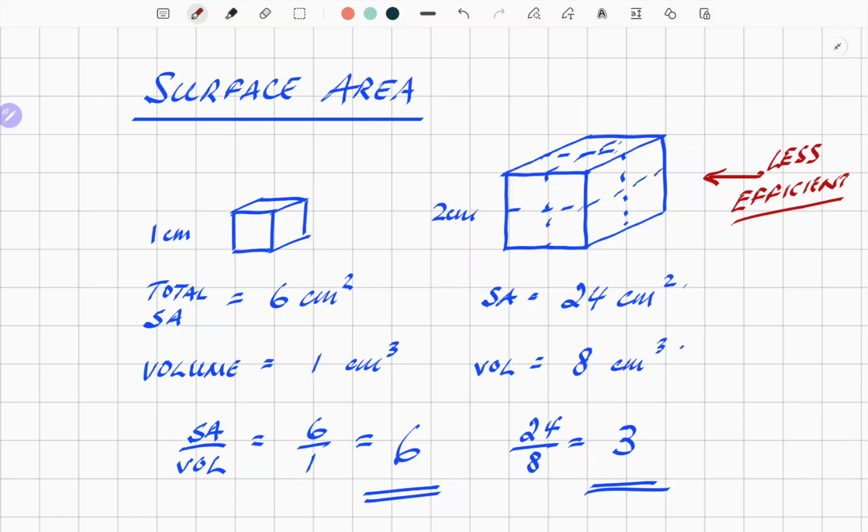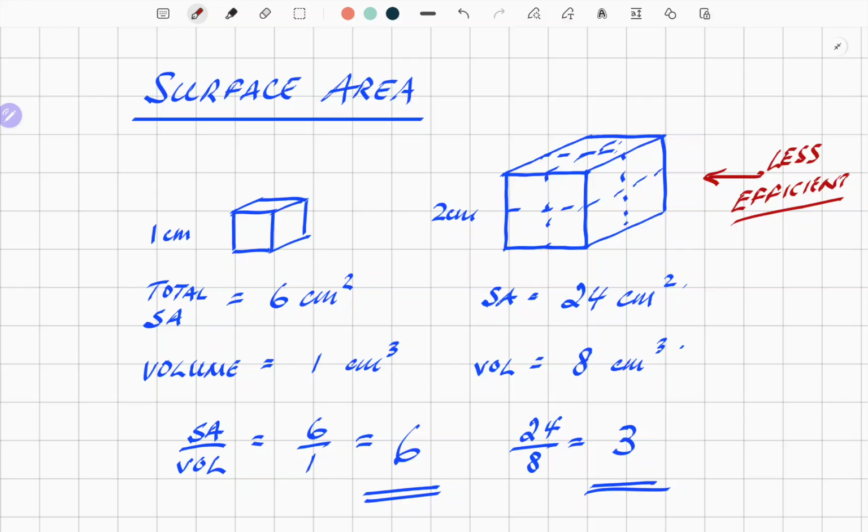Whereas if you have small pieces, then there's much more surface area for the same amount. So if I were to cut this whole volume of 8 up into 8 little cubes, I would have a lot more surface area for the same volume. Does that make sense?